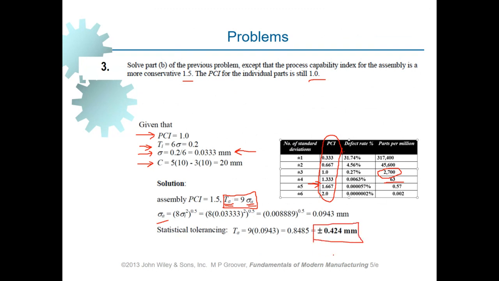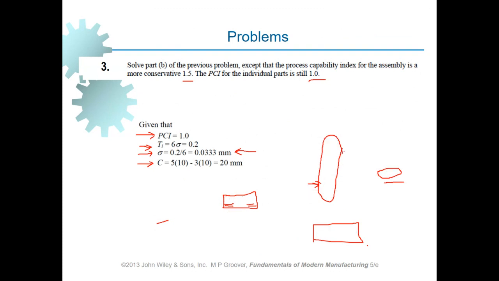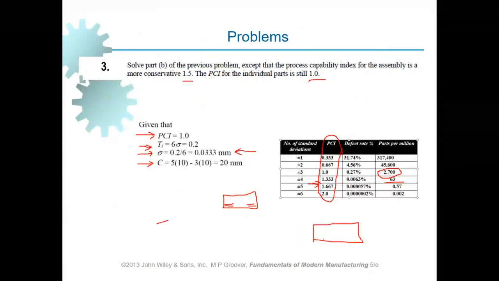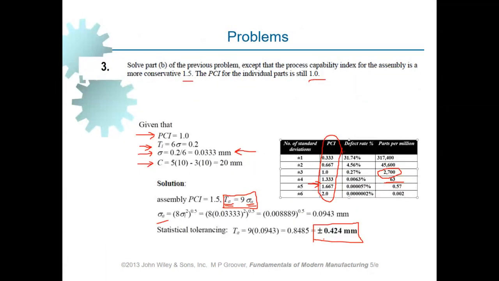As we can see, this is now wider than the previous tolerance range in the first part, in the previous problem. It was plus and minus 0.283, which is now widened to plus and minus 0.424 mm. And because of that, the number of scrap parts will be less, because now the tolerance range is wider than what it was before.